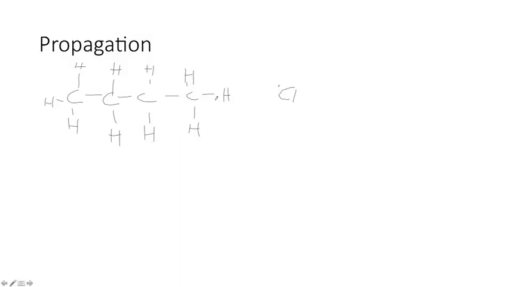So we move the electrons, one electron into here, and then the other one can pop out to here, and that can form a bond. And that's going to make us another free radical. Just write it down here so we've got enough space to see.